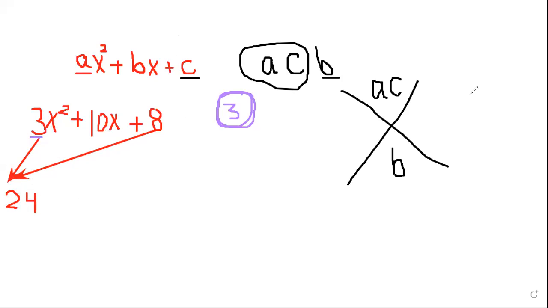So the product here, AC, is 24, and the middle term is 10. Are you looking for their sum or their difference? Sum. Then you are looking for two numbers whose product equals 24 and whose sum equals 10. Can anyone find two numbers like this?